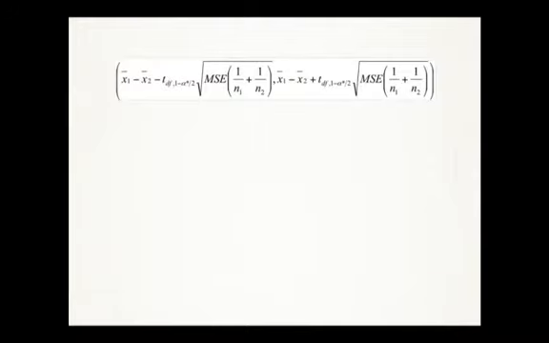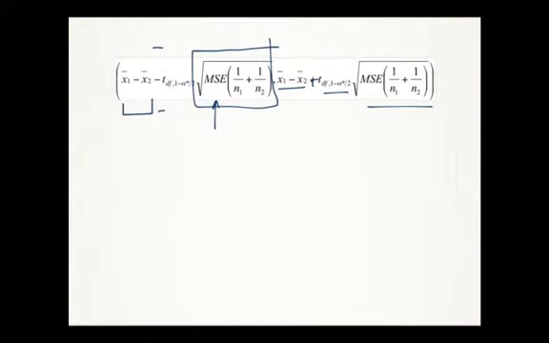Here's the estimate, the mean differences, minus the t critical value times the square root of MSE, which here stands for the residual variance. So it's the same setup as before: estimate minus critical value times some measure of the variance. And on this side, we do the estimate plus the critical value times the variance.